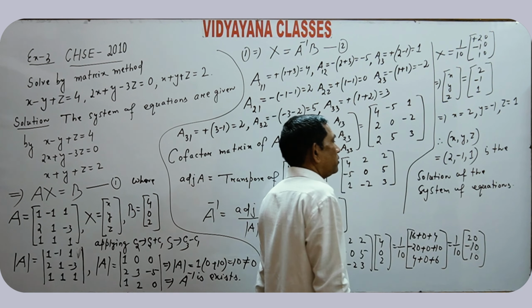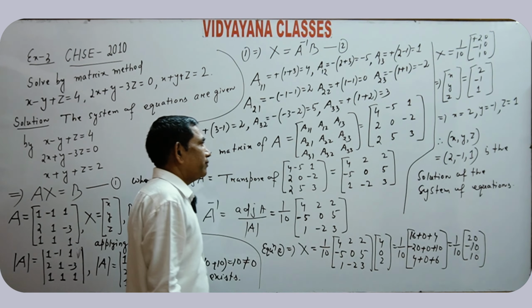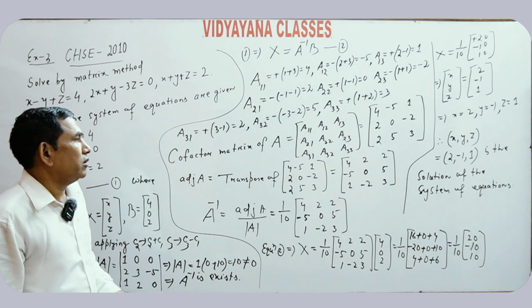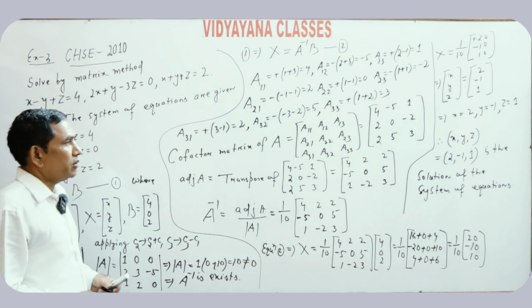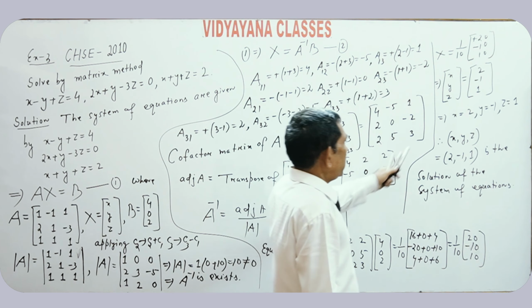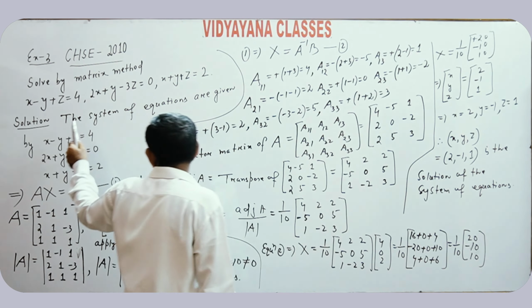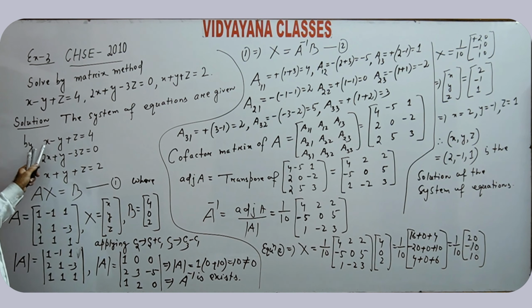Does x, y, z satisfy or not? x is equal to 2, y is equal to minus 1, z is equal to 1.